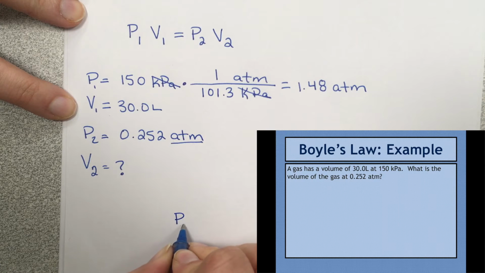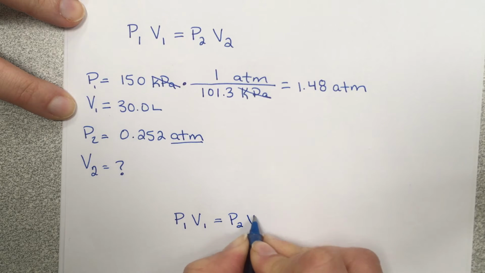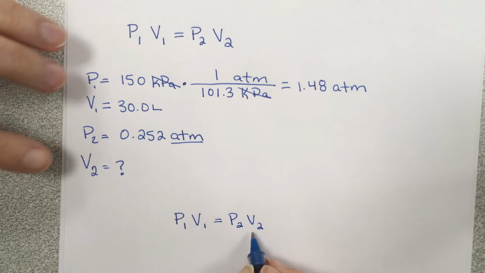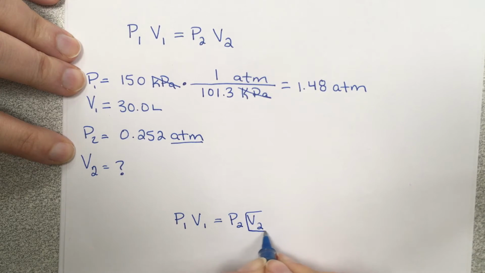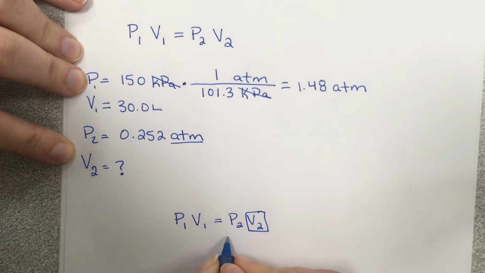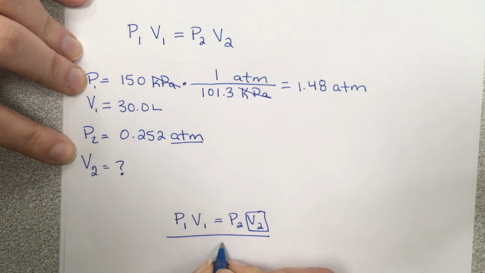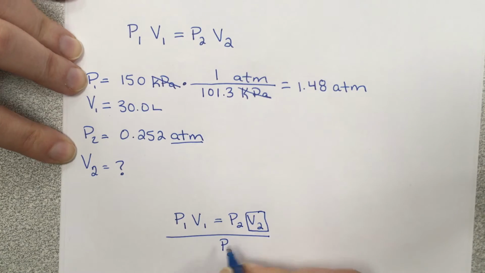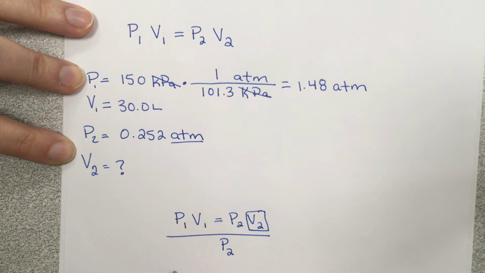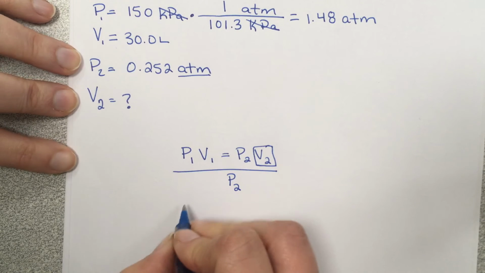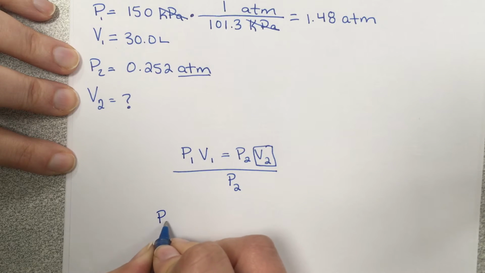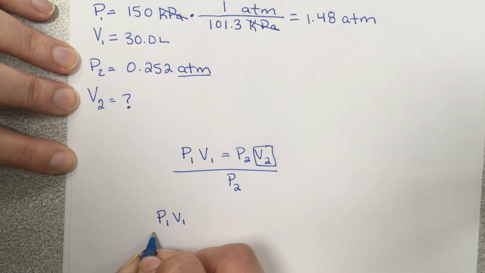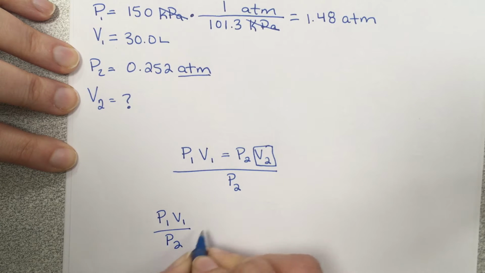So we have P1 V1 equals P2 V2. We need to solve for V2, so we're just going to divide it all by P2. Then the equation becomes P1 V1 over P2 equals volume 2.